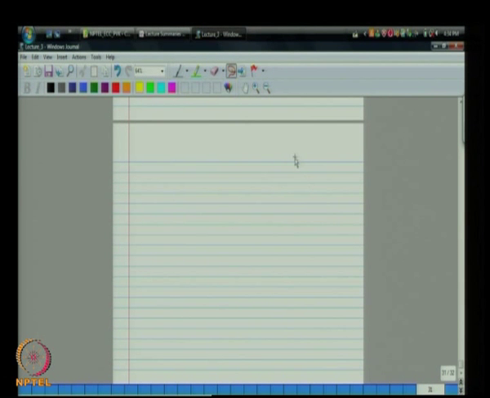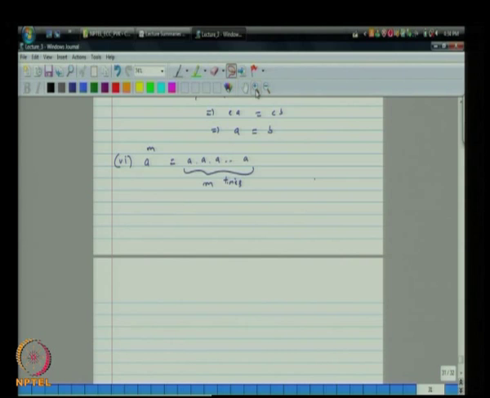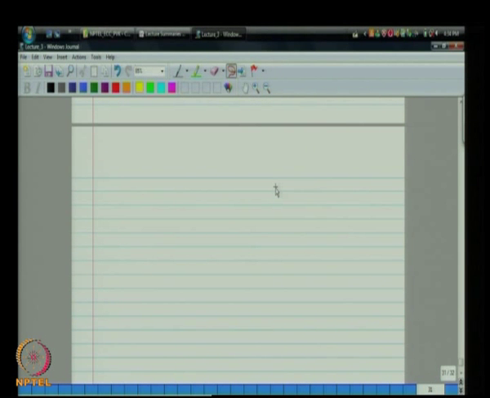I will title this lecture subgroups and equivalence relations.